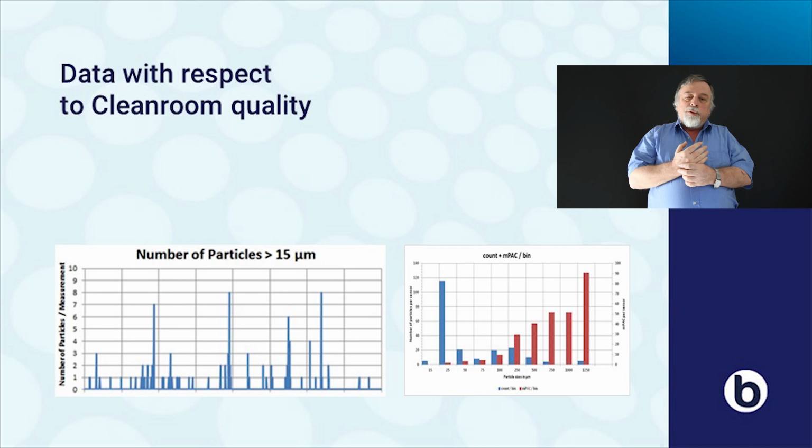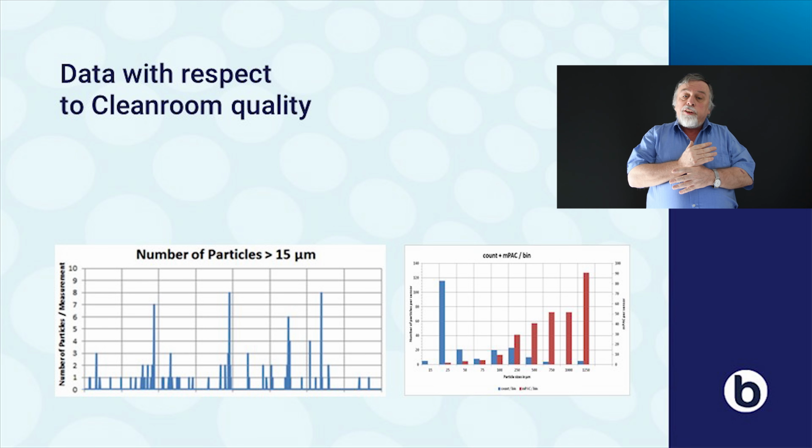There are two diagrams. One diagram shows the number of particles larger than 15 micrometers that are deposited on the sensor or on the witness plate. You can see that in time this deposition is very irregular. Sometimes you have a high number of particles depositing on the sensor, and sometimes it's low. On the right-hand side we have a diagram which shows the distribution of particles.